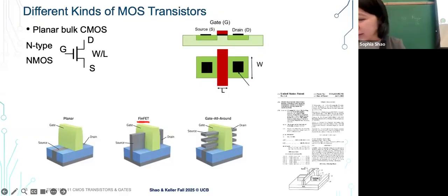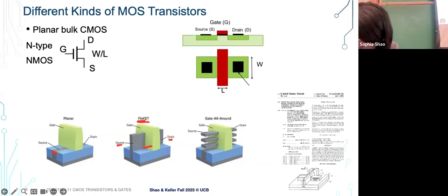What the FinFET is trying to do is still increase the contact area between the gate and the body of the semiconductor, but without continuing to shorten the length of the channel. What it does is have this kind of 3D structure, right? So you still have the source and the drain here, but instead of just the bottom, it's like one-dimensional channels being formed.